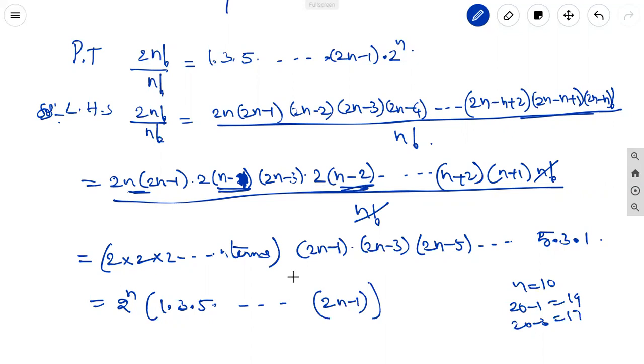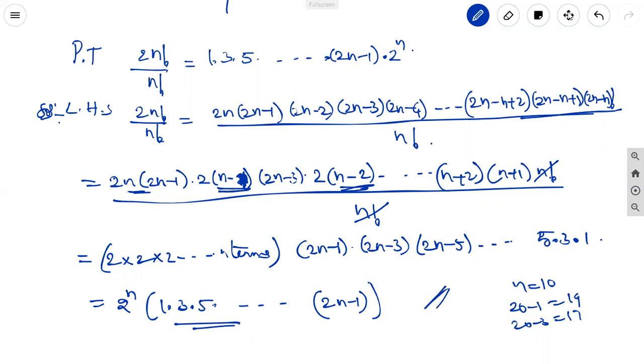Next, 10 minus 2, 8 will come in the 2^n. Odd numbers come in the 1 × 3 × 5 series. The numbers with factor 2 come in the 2^n, and the remaining come in the second series. Okay, this is the proof.